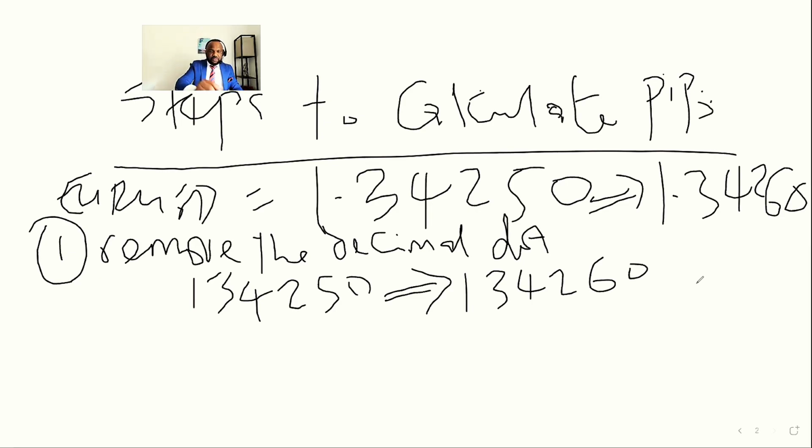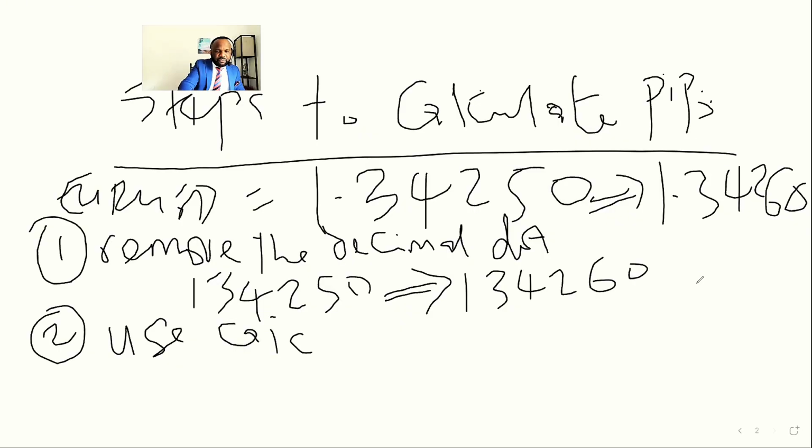Step 2: use your calculator to do your math. Whatever you want to do, you want to subtract. Use your calculator to find the difference. We're trying to find 134,260 minus 134,250. So this is what we're trying to do.